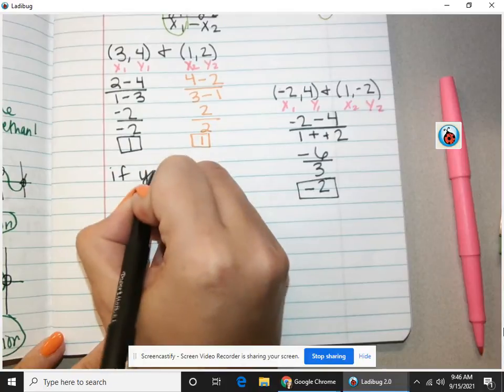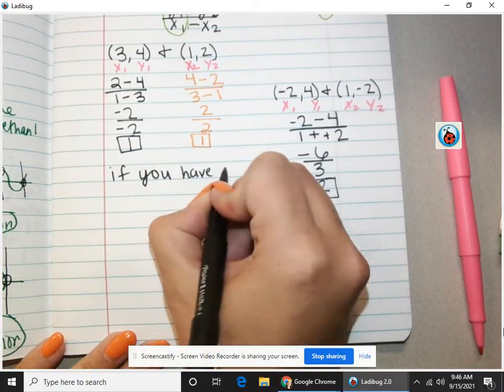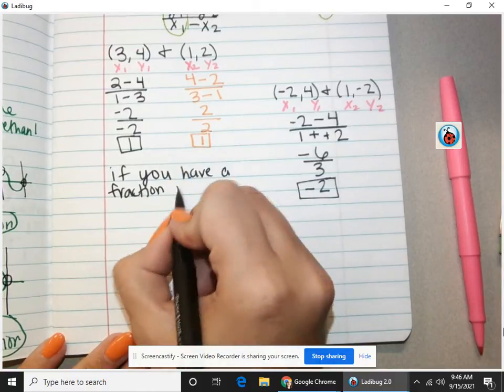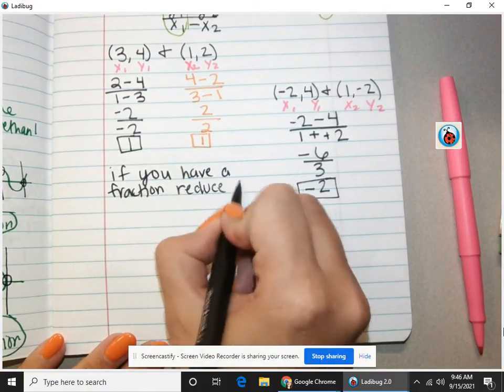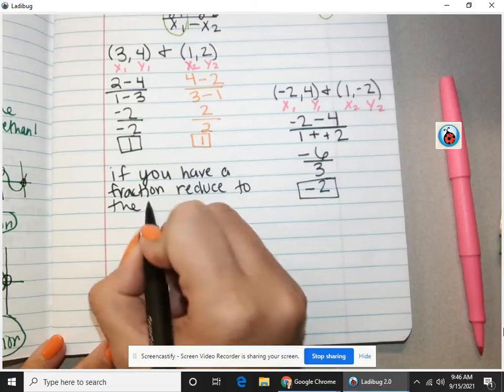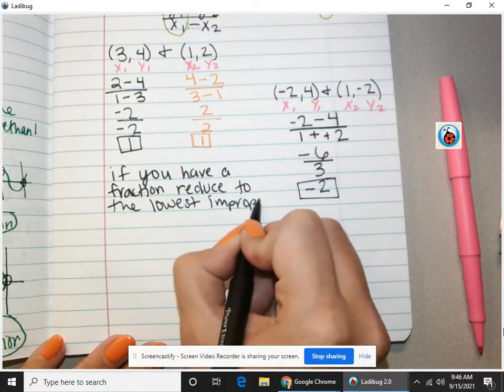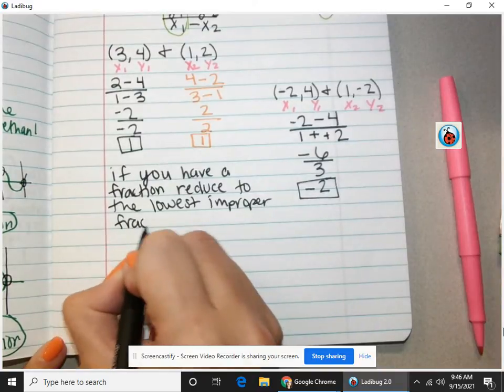Now, here's an important key. If you have a fraction, reduce to the lowest improper fraction.